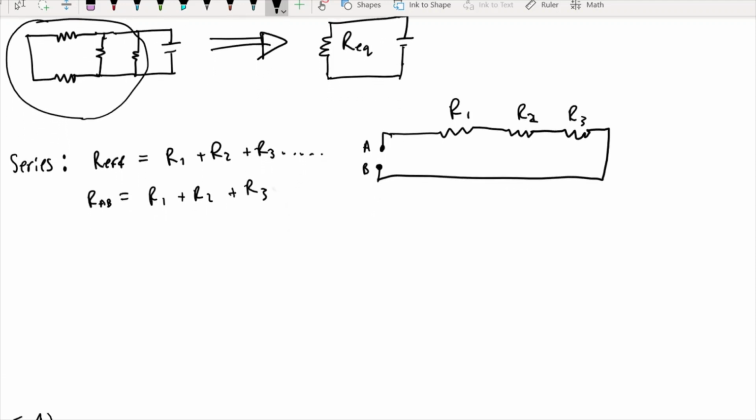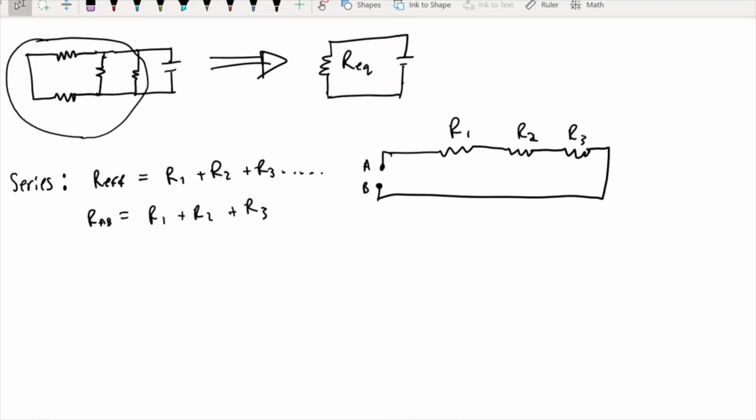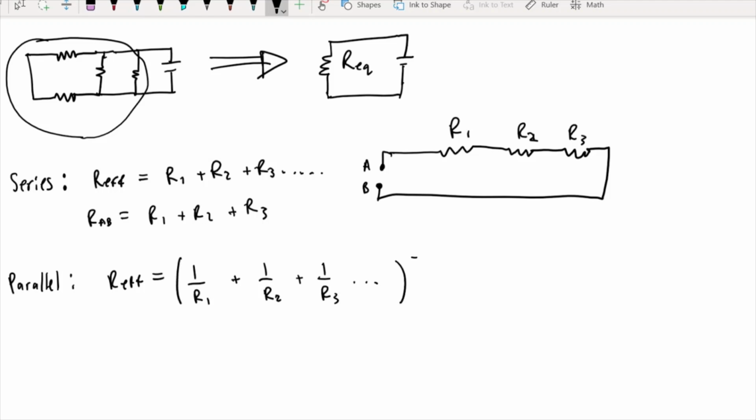Now, if I have something in parallel, it's going to be a little different. Your R effective is going to be equal to 1 over R1 plus 1 over R2 plus 1 over R3, dot dot dot, and you keep going on, and you raise all of that to the power -1.